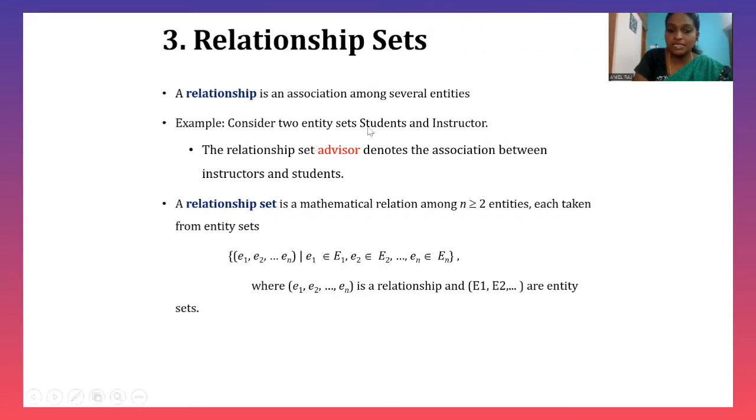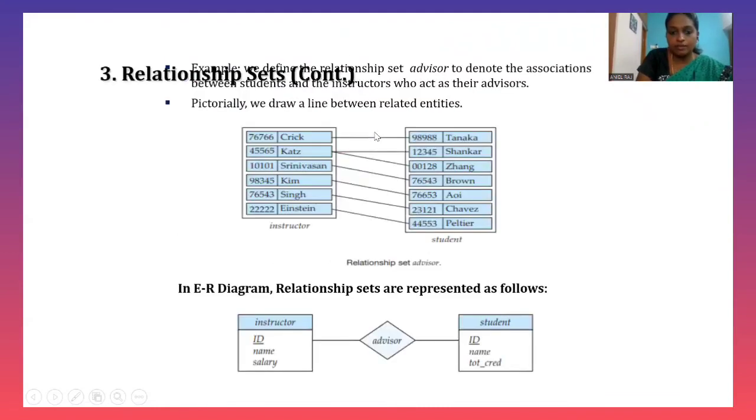A relationship is nothing but an association, a connection between two entities. Consider two sets, student and instructor. The relationship could be an advisor, a mentor, a counselor, or just a teaching faculty who is going to teach a particular subject to that student. It could be represented this way: a student and an instructor.